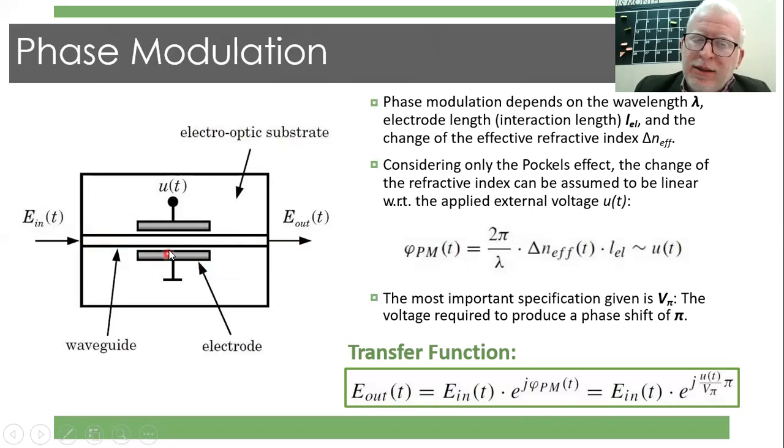whenever you add this electrical field effect using this voltage, as we just mentioned, this will impact the material property of the waveguide. And we shall include such an impact as a variation in the refractive index.